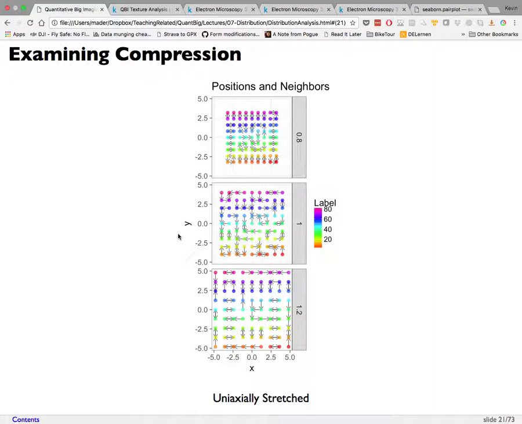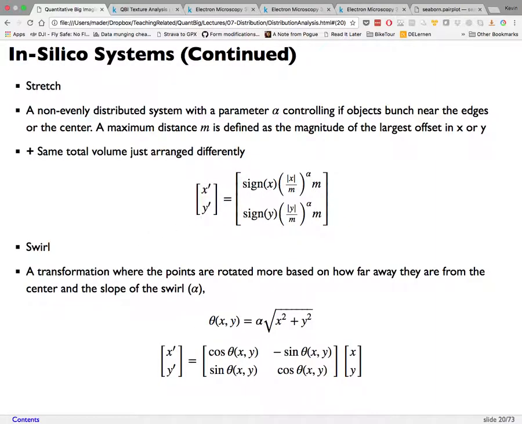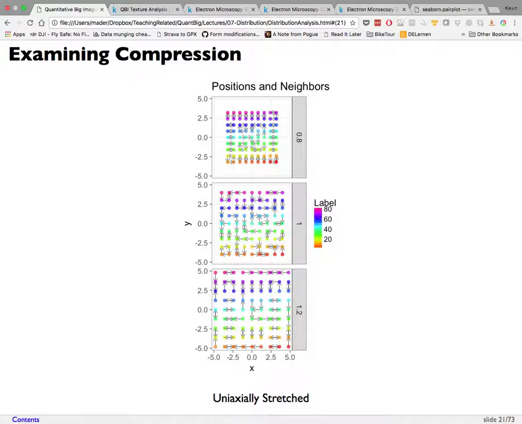And your guess would be that it's probably a hydrostatic compression, so in every direction equally, because your distribution didn't change very much. And so the idea for this is really to be able to interpret when these changes happen, what they mean.